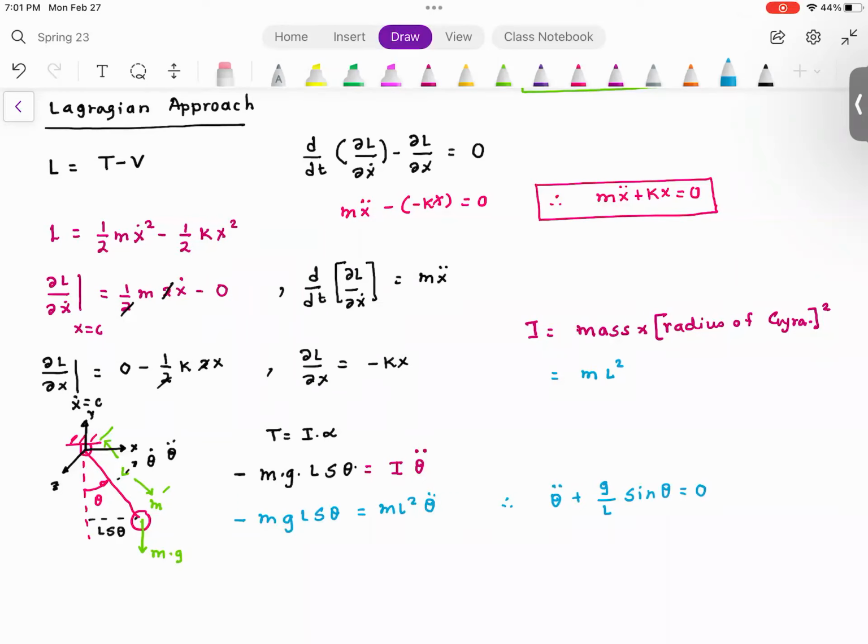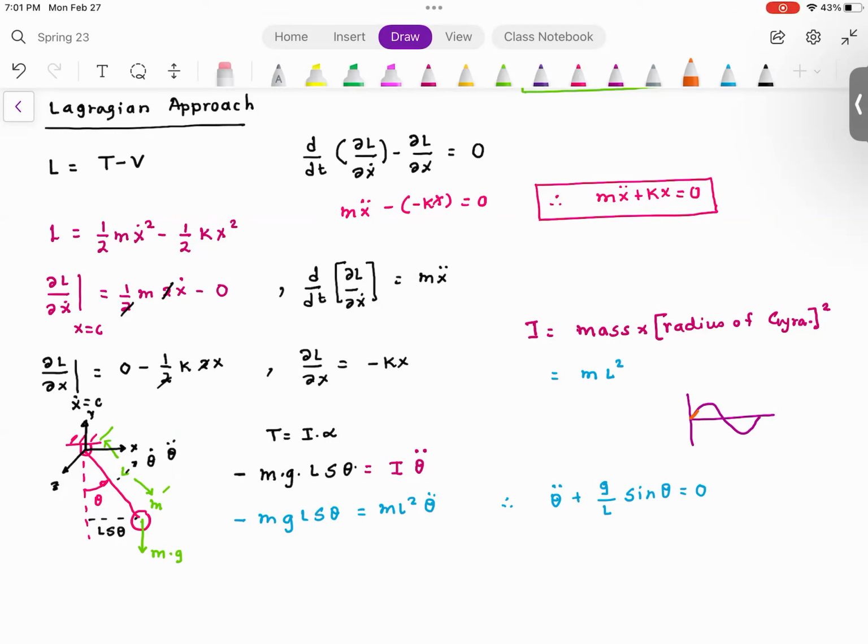Now my question to you is, is sine theta linear or non-linear? The sine function looks something like this, so clearly the sine function is not linear. But in this small teeny tiny region, you can approximate the sine function as a straight line.